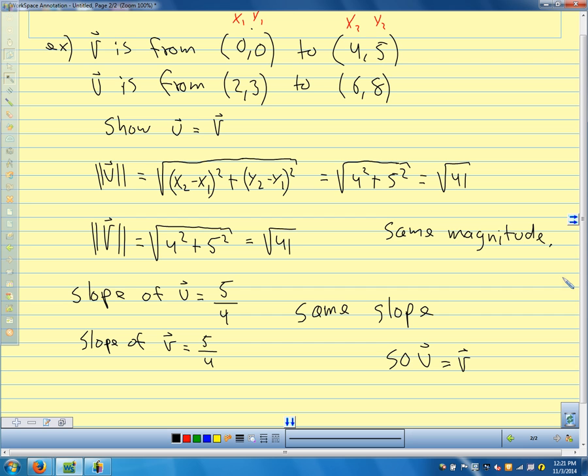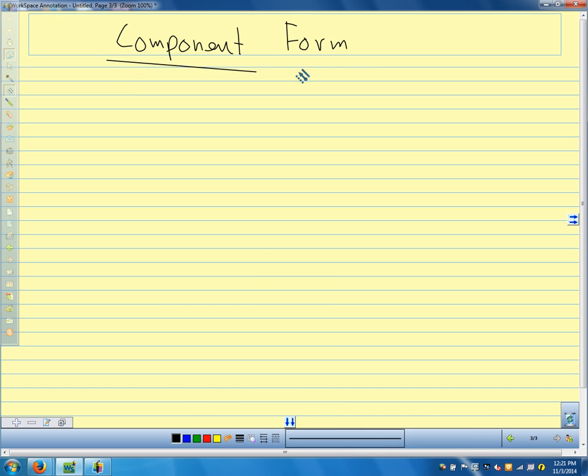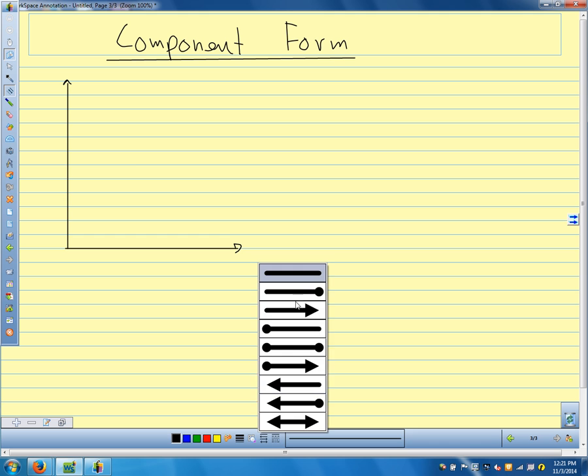All right. Next thing we need to talk about is component form. And like we had with angles, we have a standard position for vectors. So our standard position is if our initial point is at the origin and our terminal point is just somewhere else.